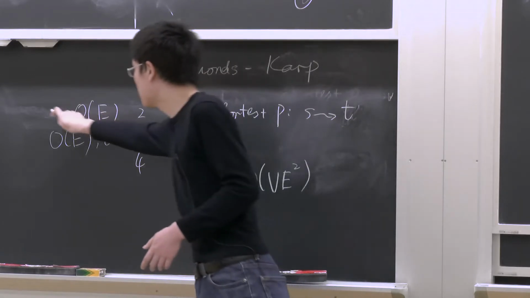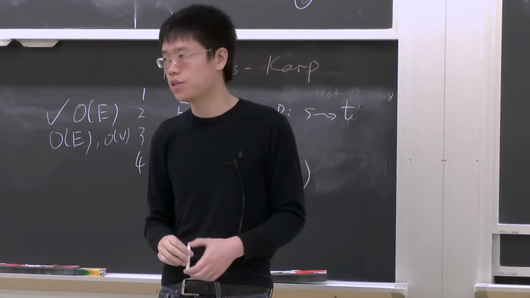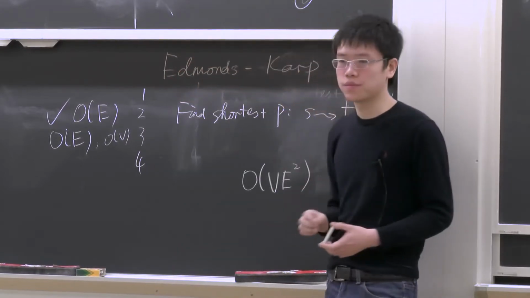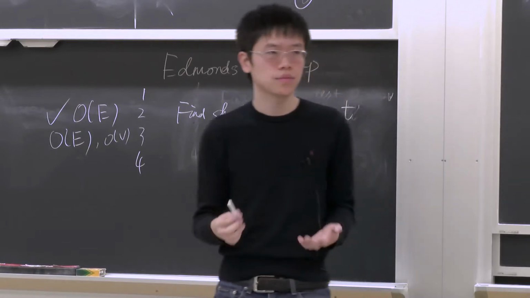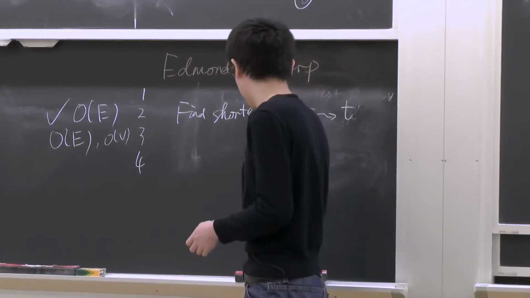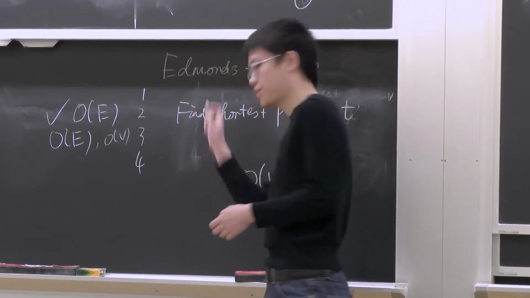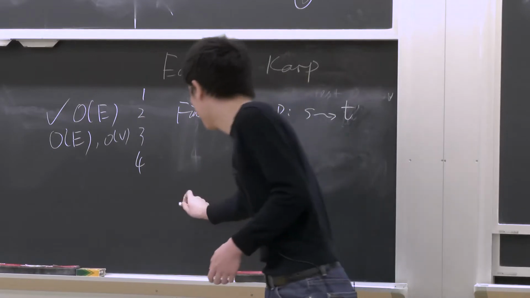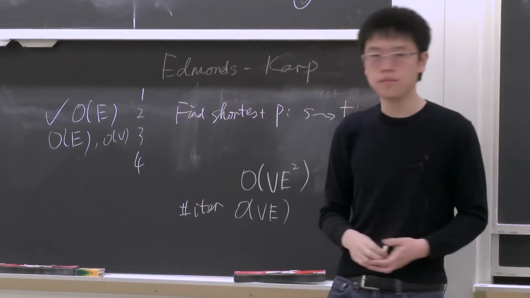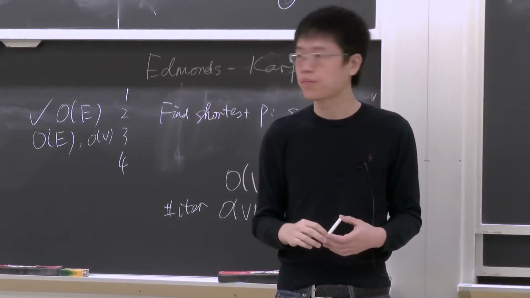O(E), right? This is the most expensive step in one iteration. Okay, so what else do we have to do to prove this bound? We need to show that the number of iterations is O(V times E). Right? If we can show that, then we are pretty much done. Okay?